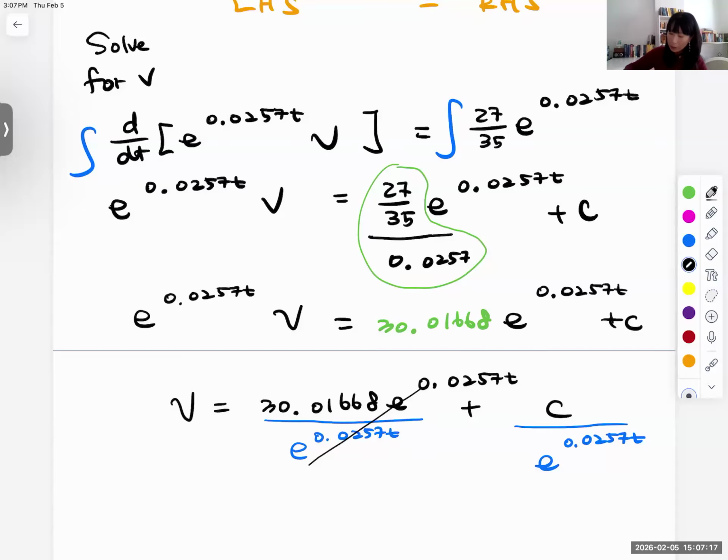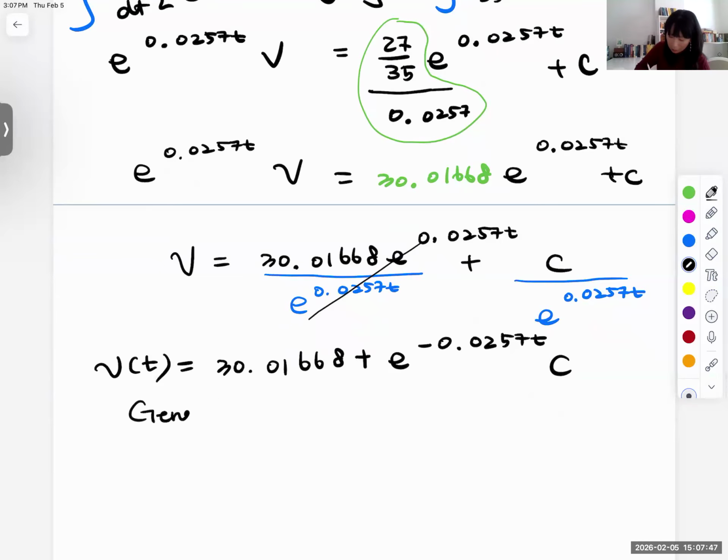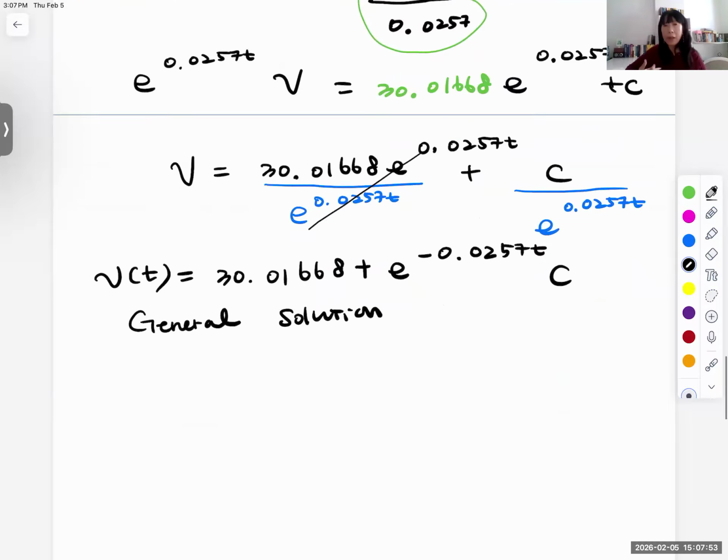So we had the experience before. So v of t equal to 30.01668 plus C e to the negative 0.0257t. Okay, now almost done. So this is the general solution. And then we want to find the particular solution by using the initial value.